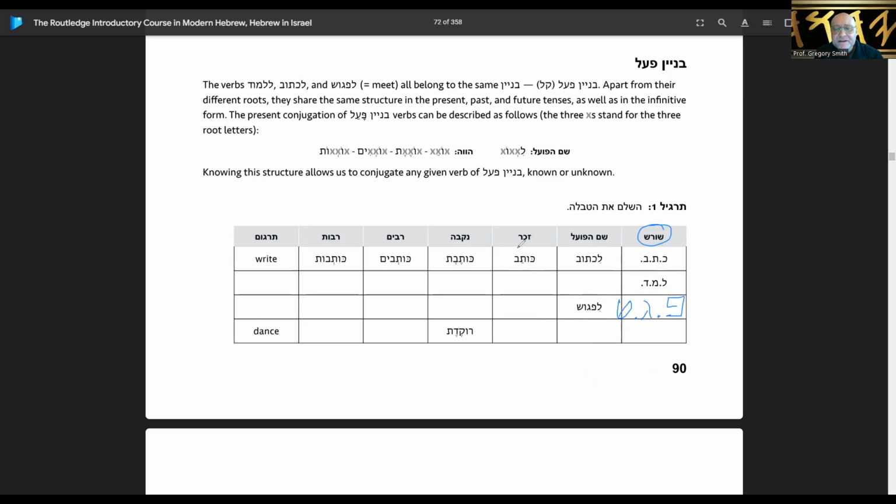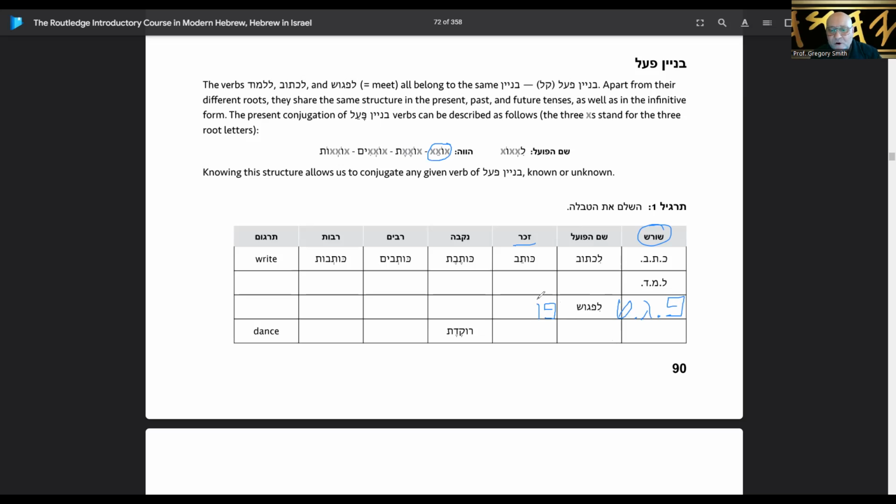Now under the zachar, meaning the masculine singular, we can figure out what the pattern's going to be, because notice here's giving us a clue right here. Here's our pattern. Do you see the pattern? So I think it's going to be pogesh, probably.